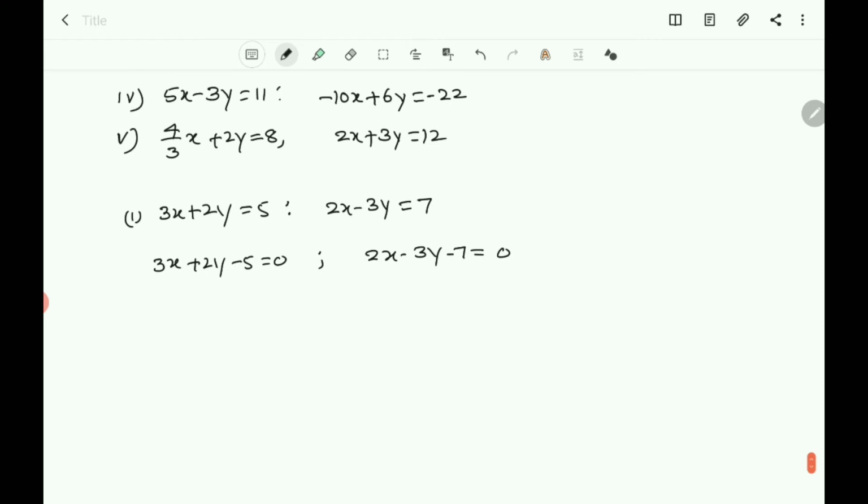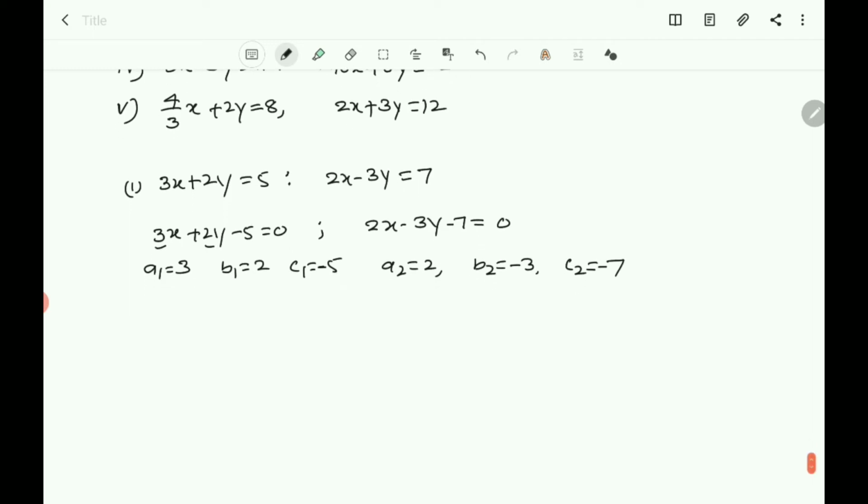Now you write a1, b1, c1, a2, b2, c2. So here a1 is 3, b1 is 2, c1 is minus 5, and here a2 is 2, b2 is minus 3, c2 is minus 7.